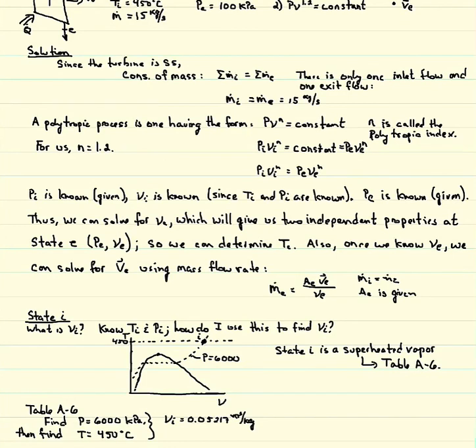Recalling that the pressure and volume follow that polytropic behavior, we can then determine our second independent property at state E. So to do that, we can go to a new page here.